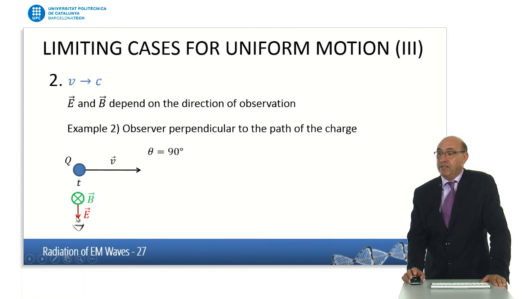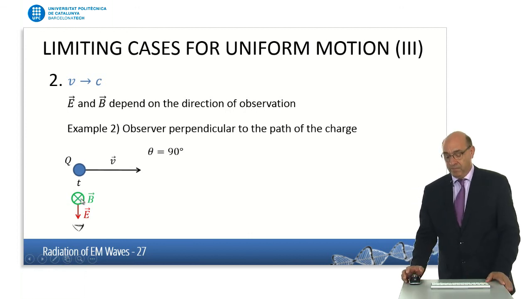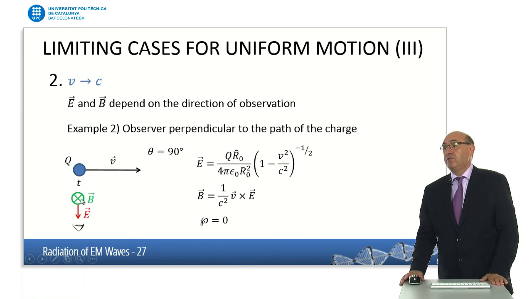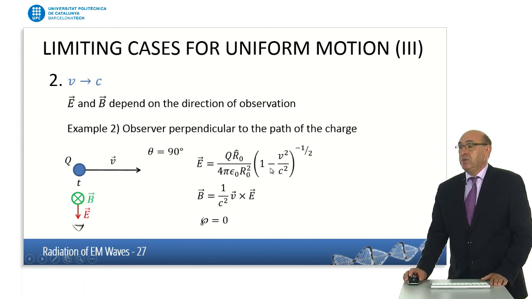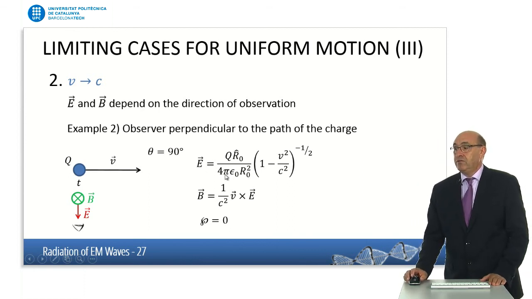Here we have the electric field pointing toward the observer and the magnetic field that is perpendicular, and in this case, once again, going into the screen. The value for those fields is here. They once again fall off as 1 over r squared, but in this case, the values for those fields could be quite high depending on the velocity. So this is just the value.